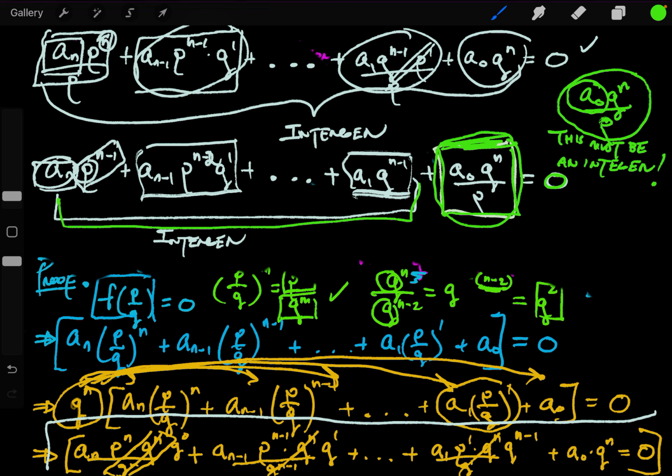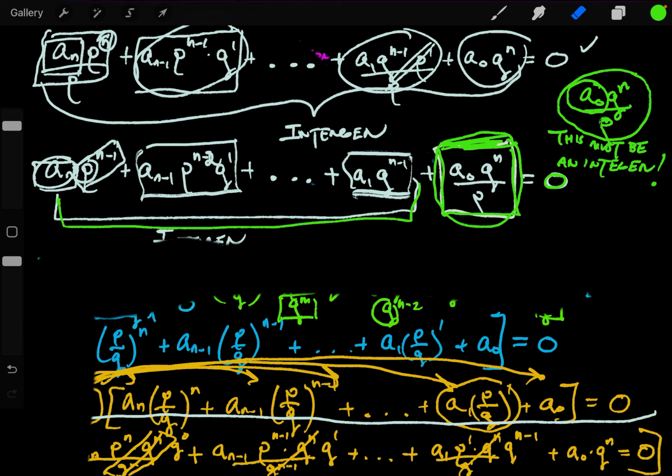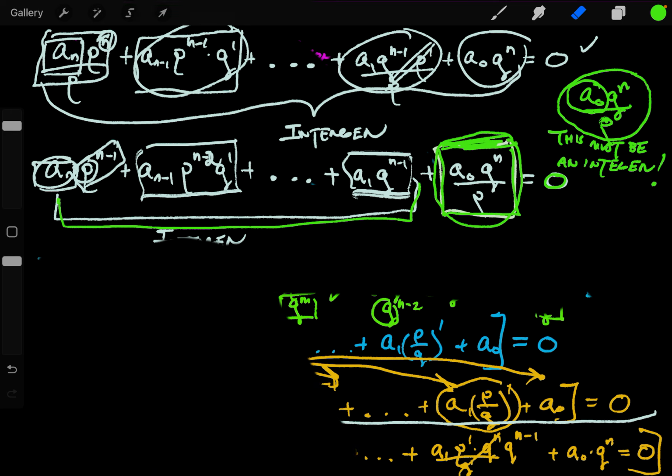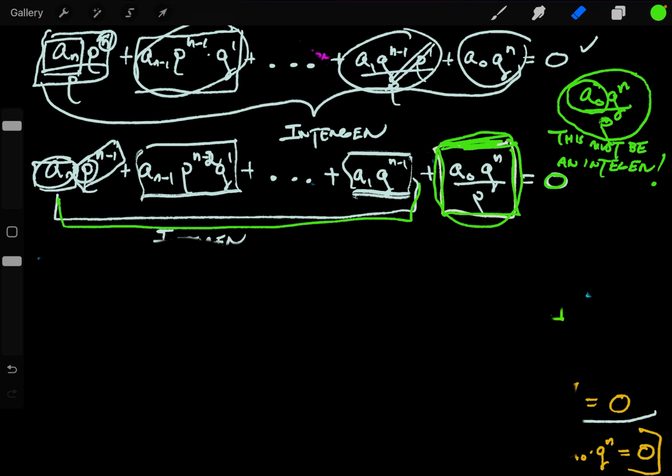Why? Because p and q share no factors. So then p and q to the n will share no factors. So let's break this down. Let's break down our argument for this first part, because it's the same argument for why q divides a sub n, which we're going to do in a second.